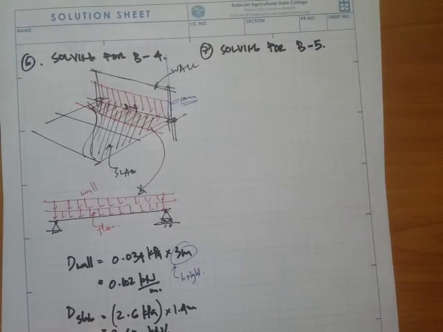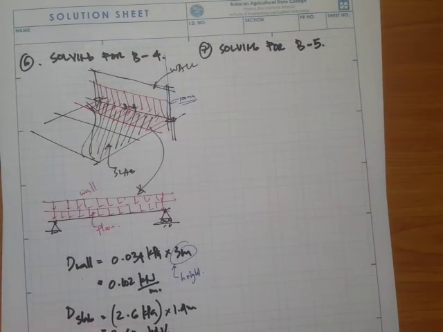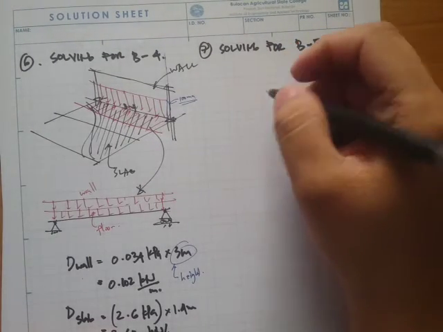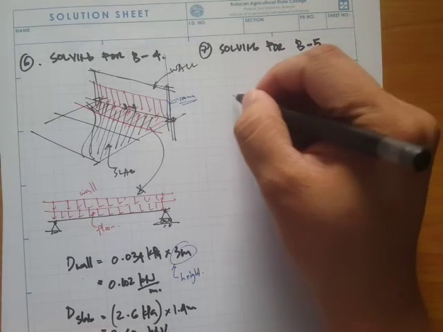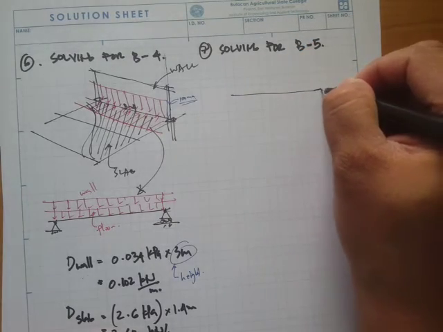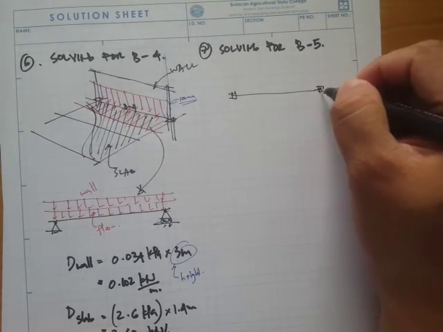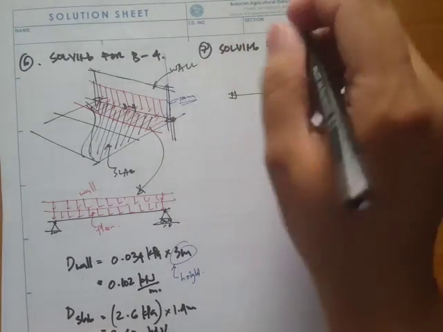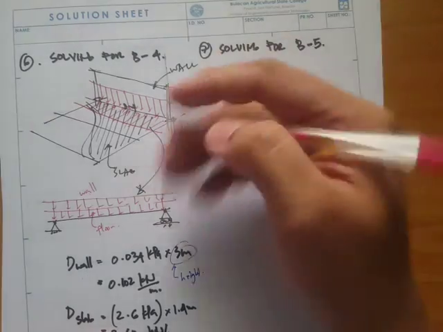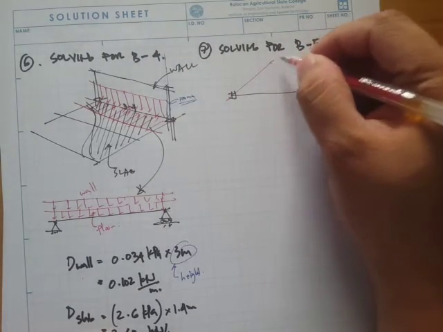Our beam diagram, or let's say the framing plan, will look like this. It's a triangular load.